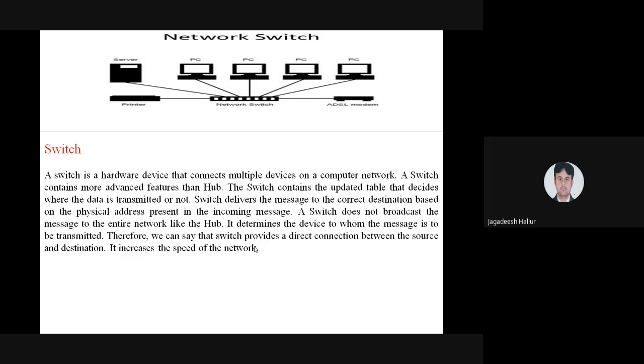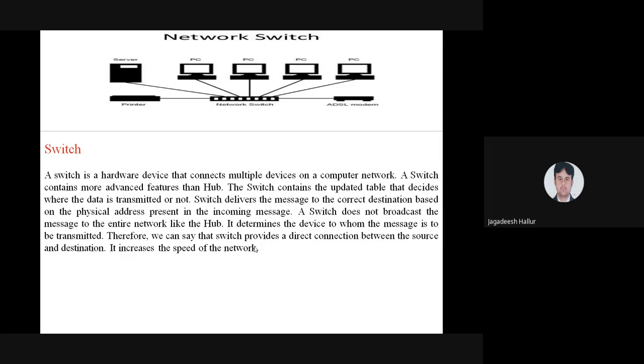PC1 is A, PC2 is B, PC3 is C, PC4 is D. If you want to send the data from PC1 to PC3, at the initial stage that data is broadcast to all the computers, because it doesn't know which PC contains which IP address. It has not maintained any table memory yet. So it maintains a table with the port number and the MAC address.